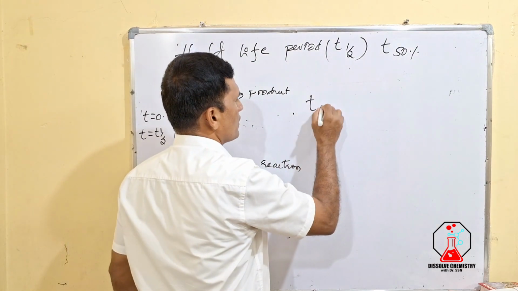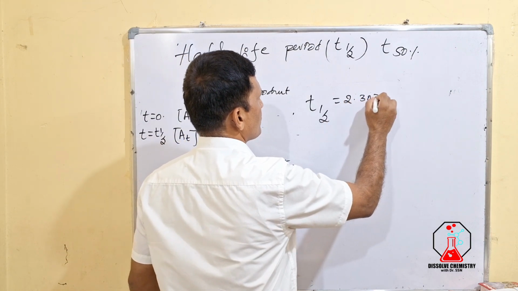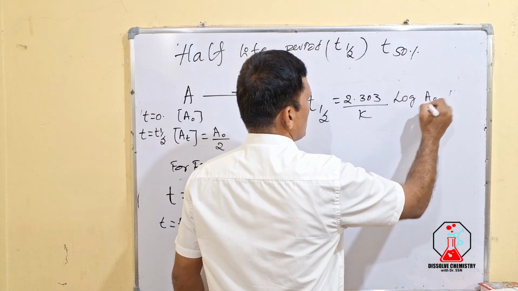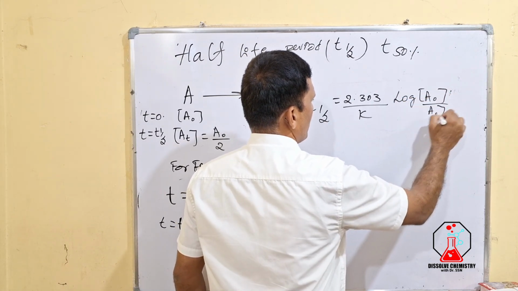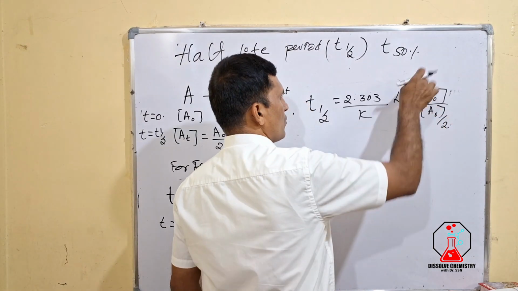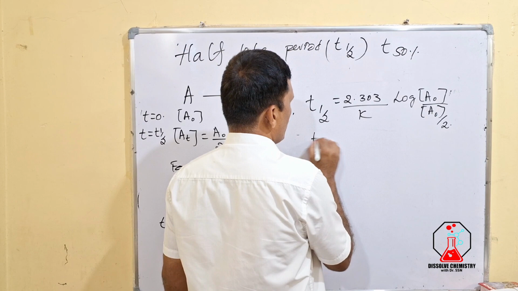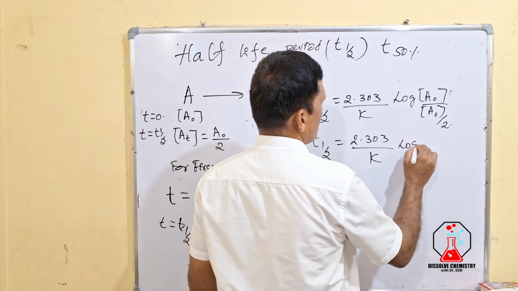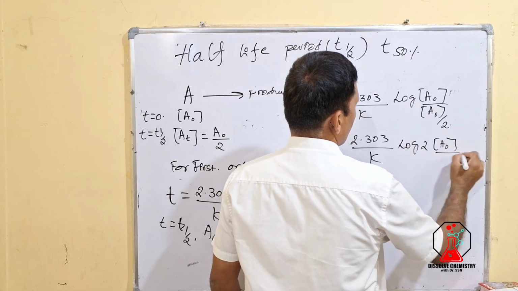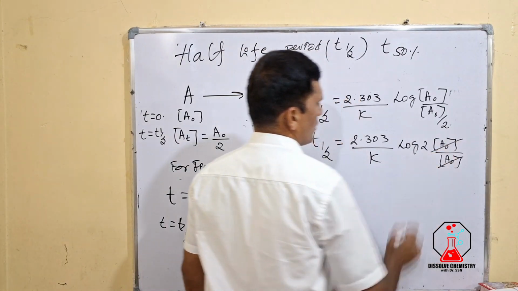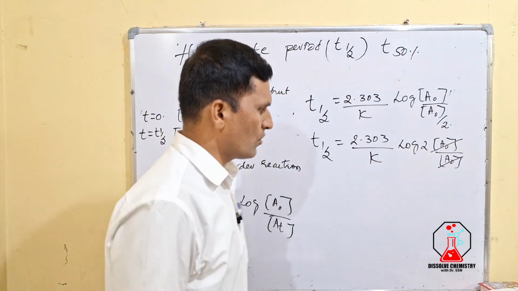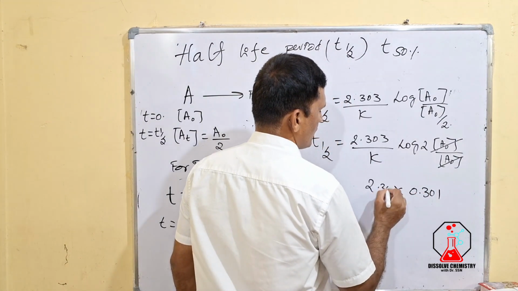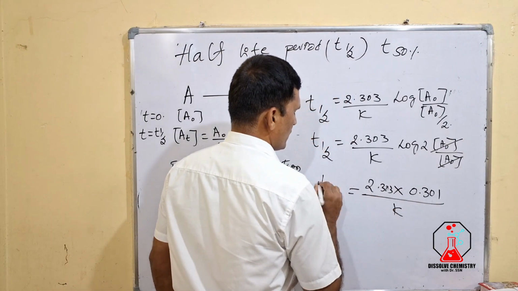Then T half is equal to 2.303 divided by K into log A naught by A naught by 2. So the 2 will go onto the top, giving 2.303 by K into log 2 into A naught by A naught. The A naught cancels, and the log 2 value is 0.301, so T half is 0.301 into 2.303 divided by K.